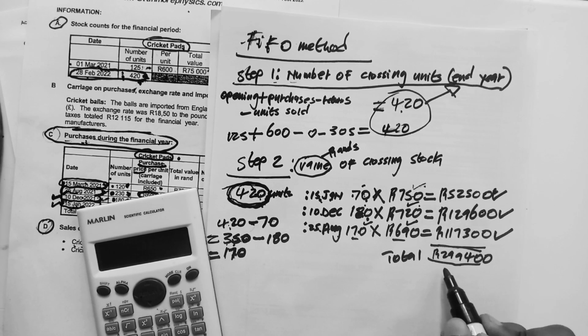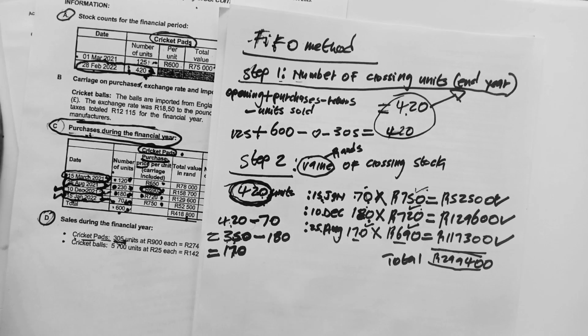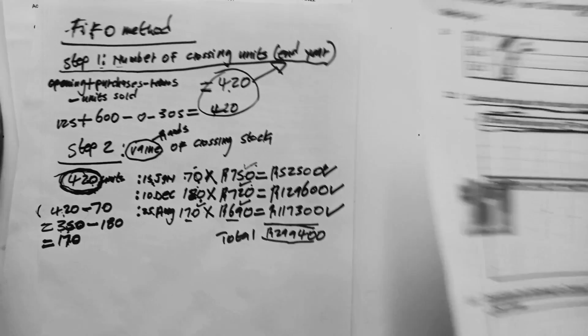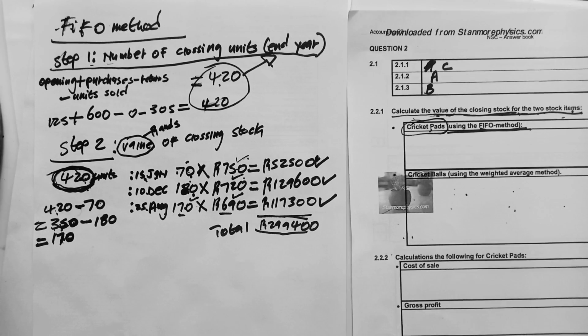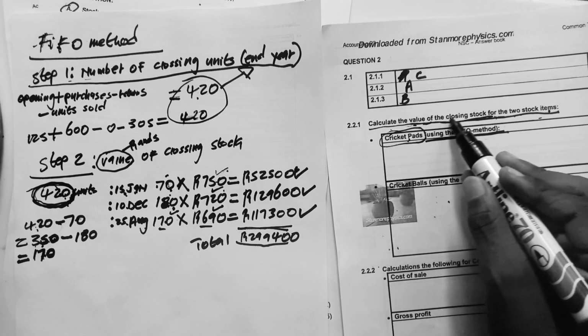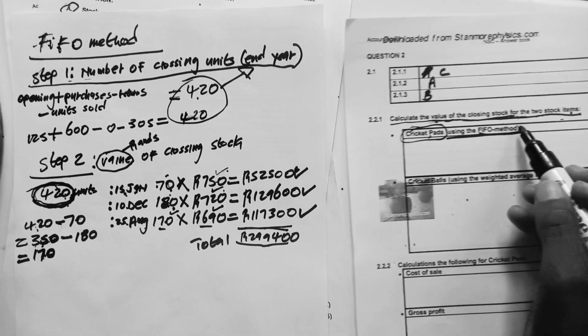So this will be our value of closing stock, 299,400. So that's it, guys. You can go to your scribbler, to your answer book, and just do step 2 here, where they say cricket bats, calculate the value of closing stock using the FIFO method.